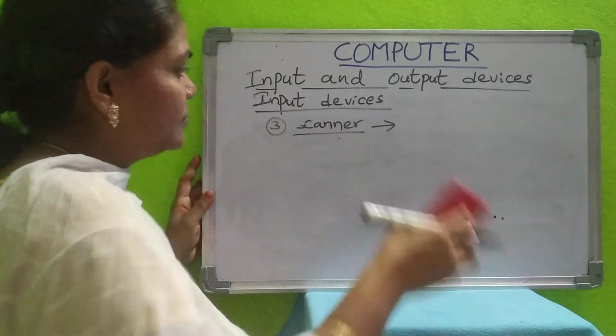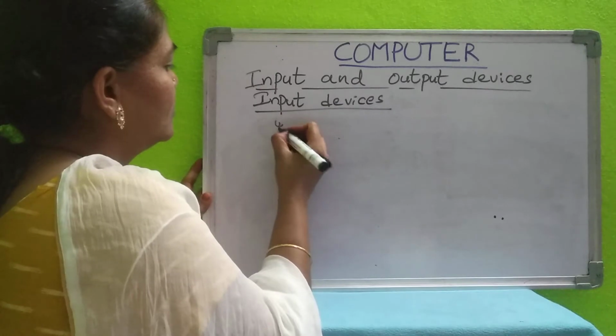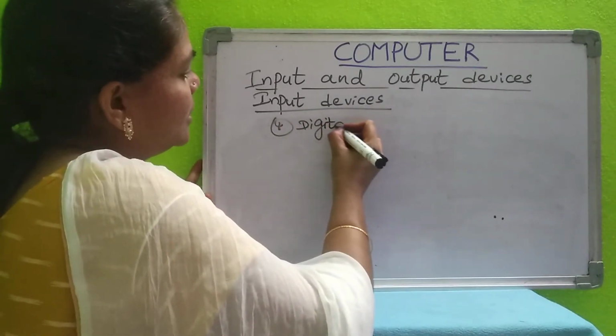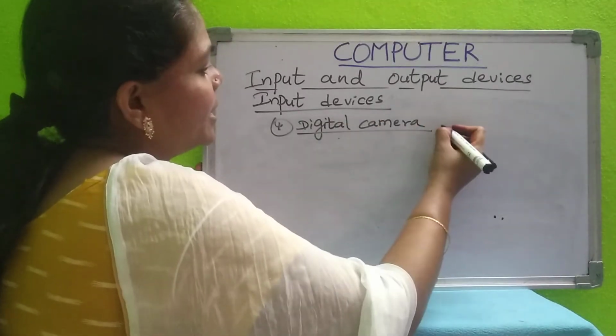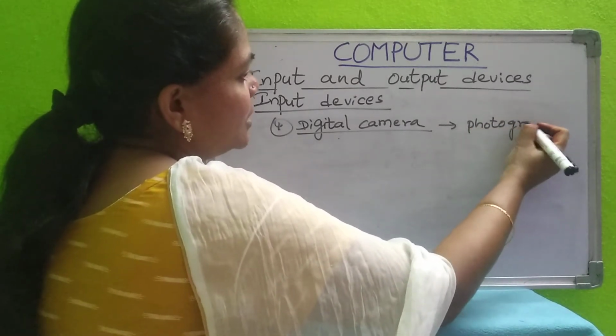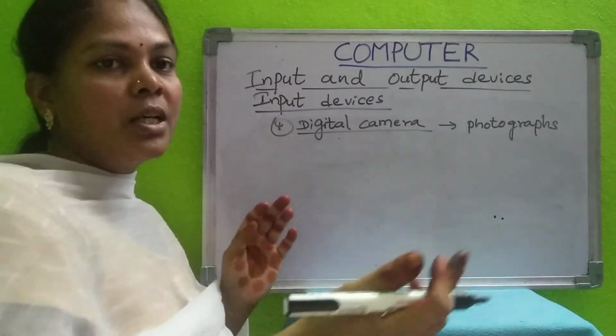Okay, next, the fourth one is digital camera. We all know the digital camera. Using this we can take pictures, photographs. You can take photographs, and with the cable you can copy these photographs into the computer.